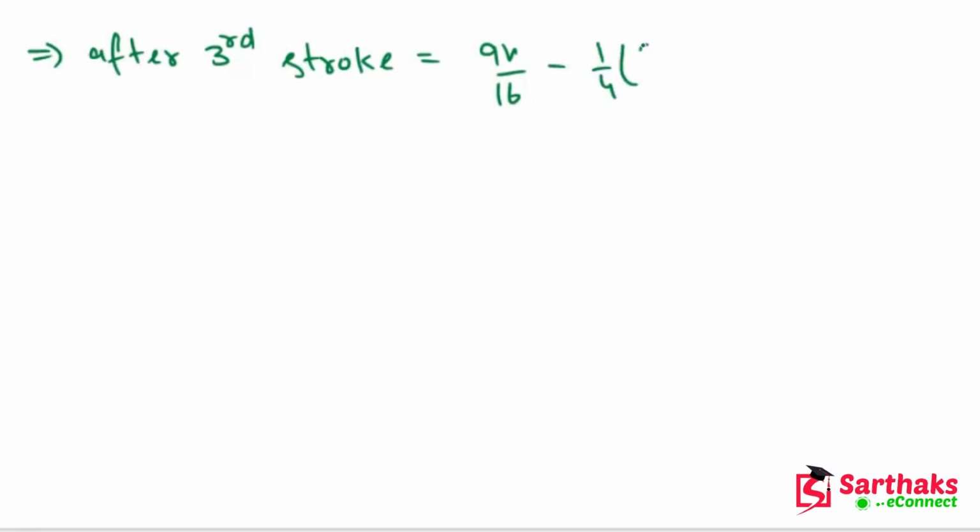Now after the third stroke, we have 9V upon 16 minus 1/4 of 9V upon 16. So this becomes 9V upon 16 minus 9V upon 64.